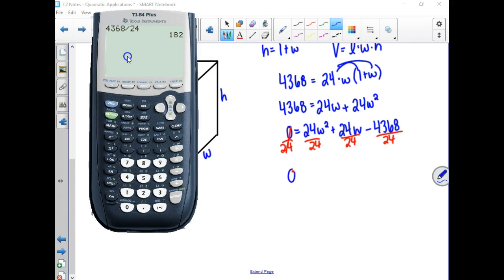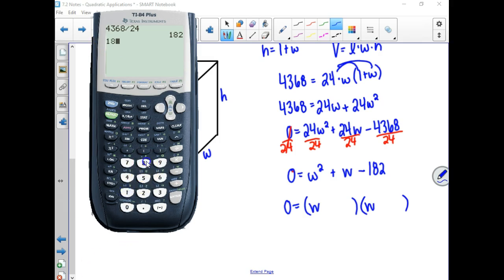I'm going to get 0 equals W squared plus W minus 182. I'm looking for numbers that will go into 182 so that I can factor. I know I will have a W and a W here.